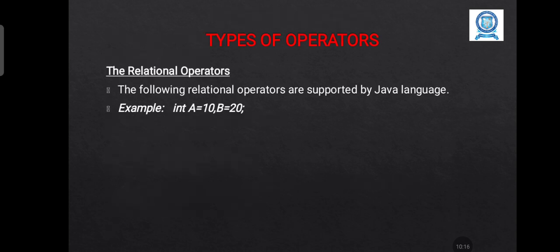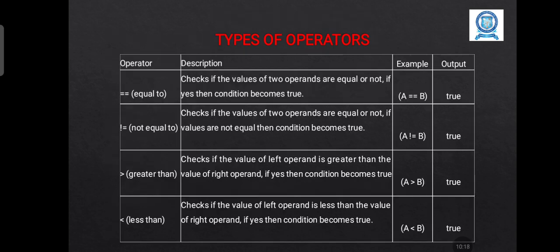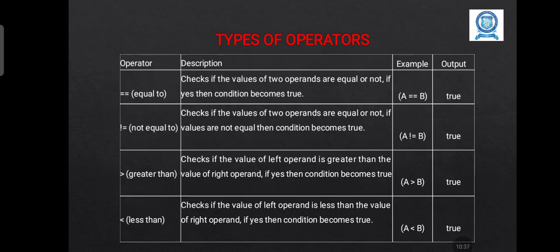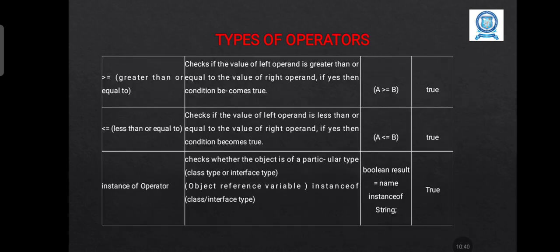Relational operators are used to compare the data values. For example, it is used to compare whether both the data items are same, equal to, not equal to, greater than, less than, greater than or equal to, less than or equal to, etc. So these relational operators will return true if the condition is true, and false if the condition is not true.